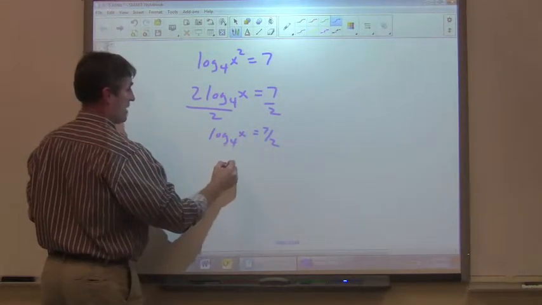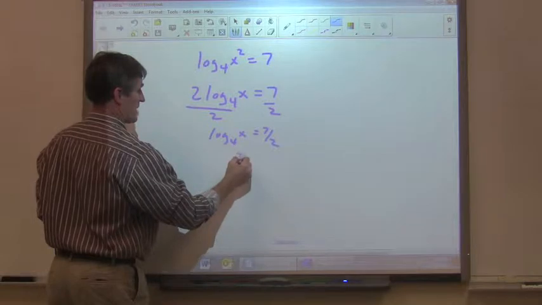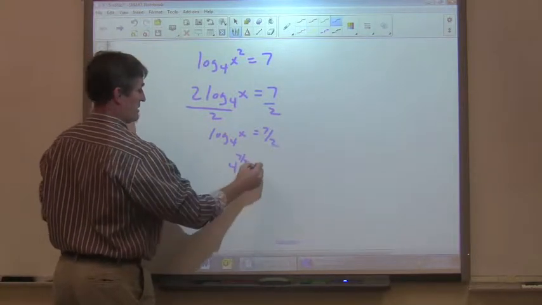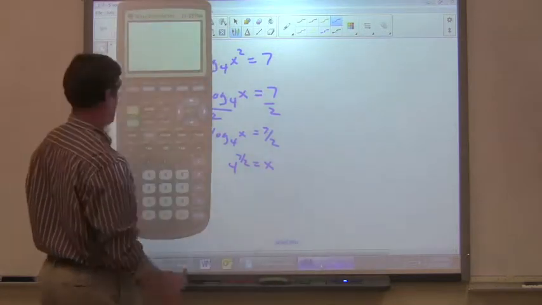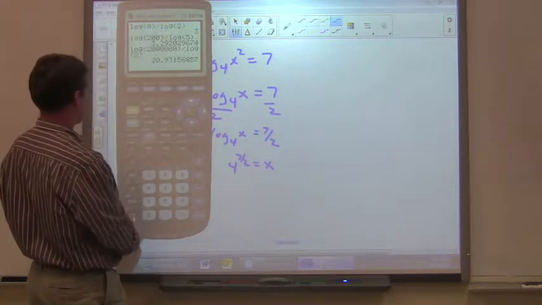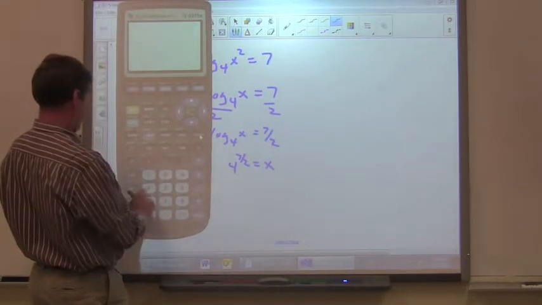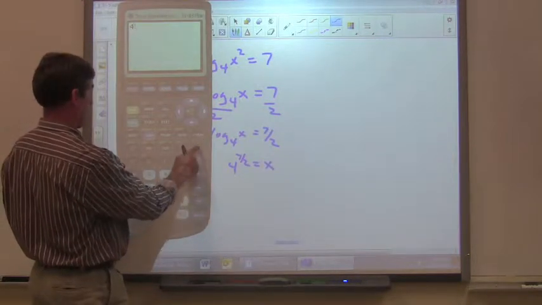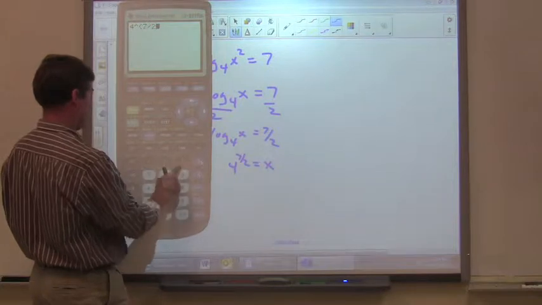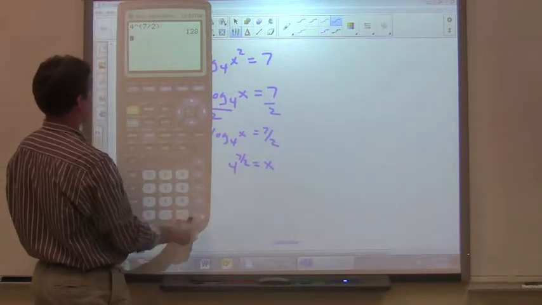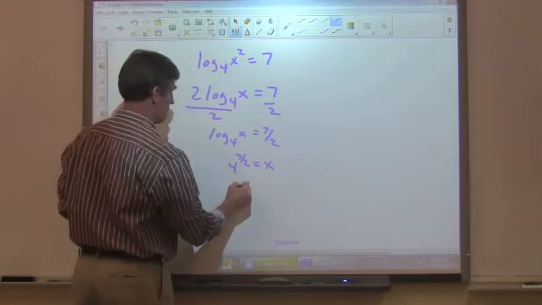And so this would be 4 to the 7/2 power equals x, and we can just type that into the calculator. 4, again I have to put that in parentheses, and we get 128.